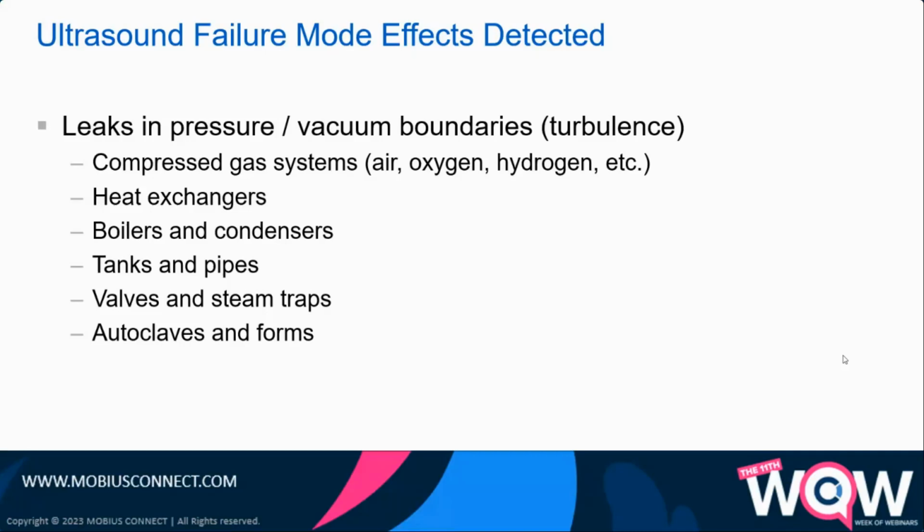It is used widely for the detection of air leaks in the plant and steam leaks as well. And you can use it for any other compressed gas as well, oxygen, hydrogen. It can detect defects or failure modes in heat exchangers and tanks and pipes and valves and steam traps, right? It's commonly used to identify if a steam trap is functioning correctly.